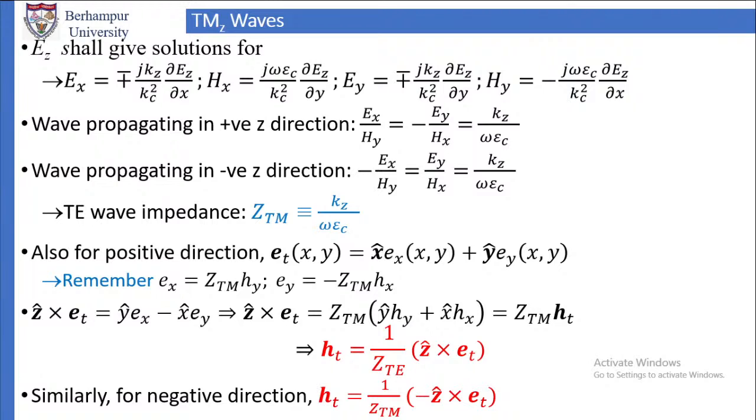So z cap cross E_T is equal to Z_TM times (x cap Hx plus y cap Hy), which is Z_TM times H_T. From that we can find H_T equal to 1 by Z_TM times z cap cross E_T. Similarly, for the negative direction, H_T is equal to 1 by Z_TM times minus z cap cross E_T.